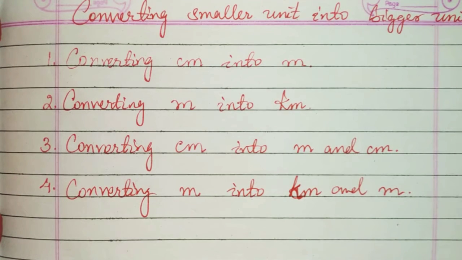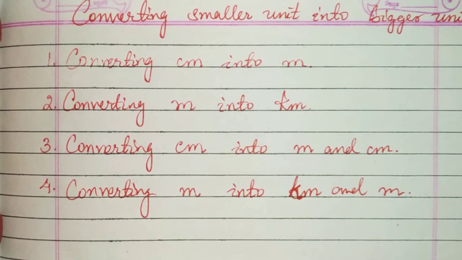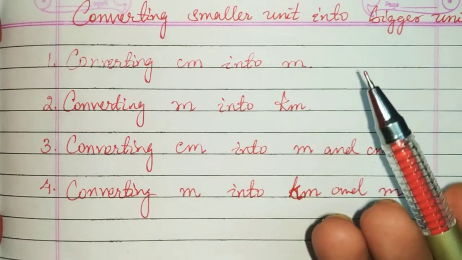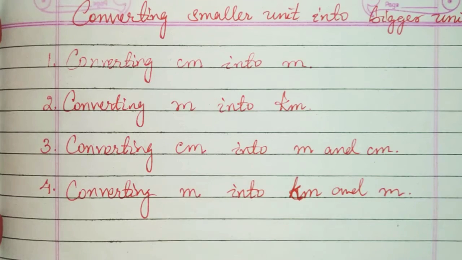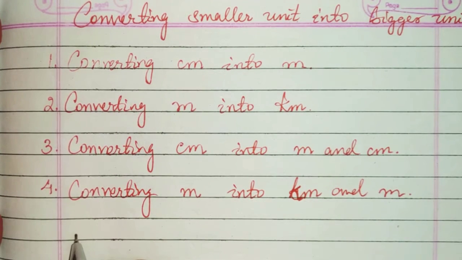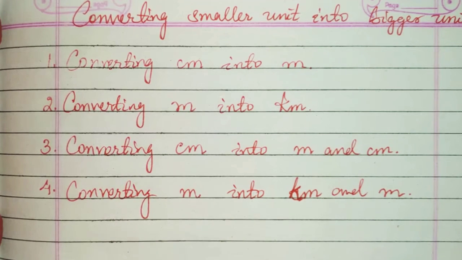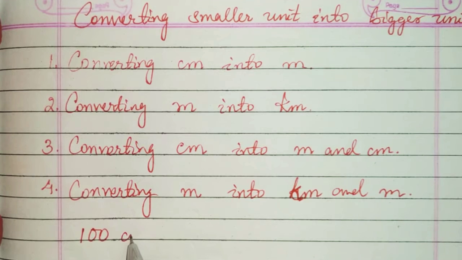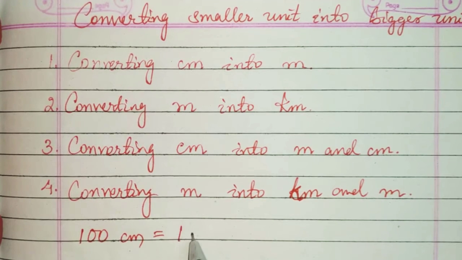So there you were multiplying. So when you are doing reverse, what you are going to do? You are just going to divide. So again, let's write it in a reverse manner. That is 100 centimeter is equal to 1 meter.